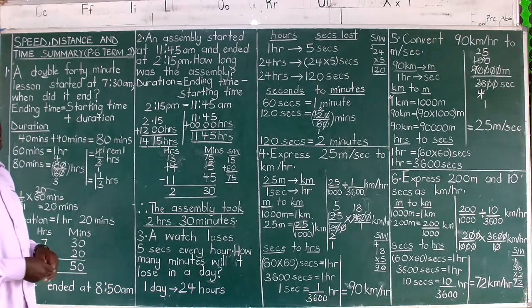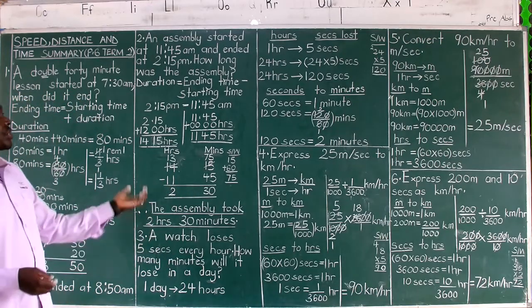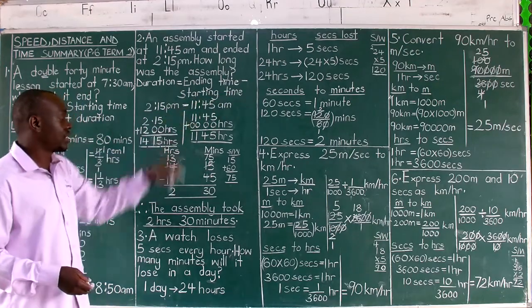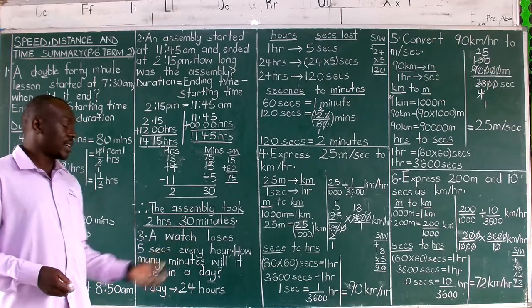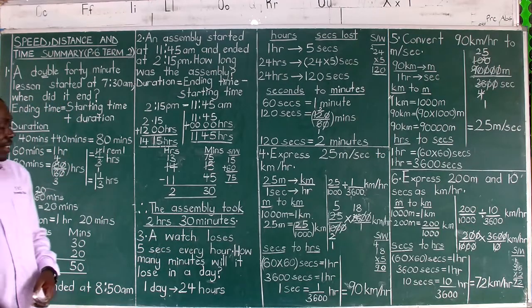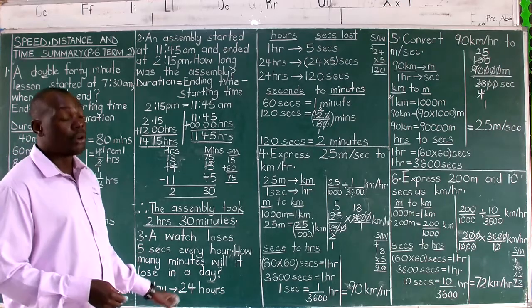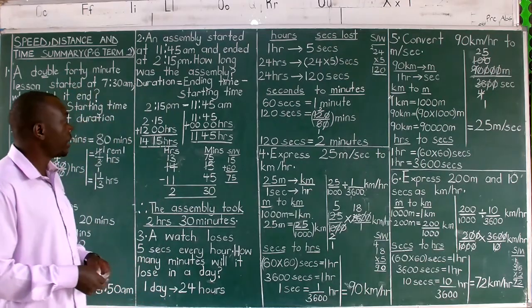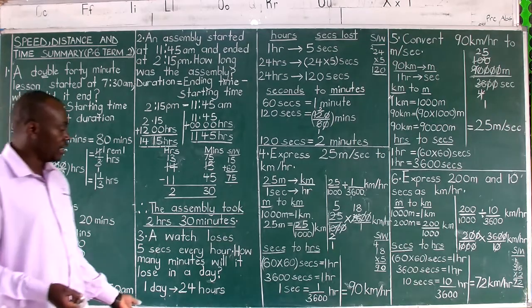You must ensure the units are the same, that reading hours are hours, then you have freedom to add or subtract. Here we are going to subtract because of the formula, ending time minus starting time. So we subtract and get 2 hours and 30 minutes. Learn how to deal with numbers with comprehension and then meet perfection in numbers.